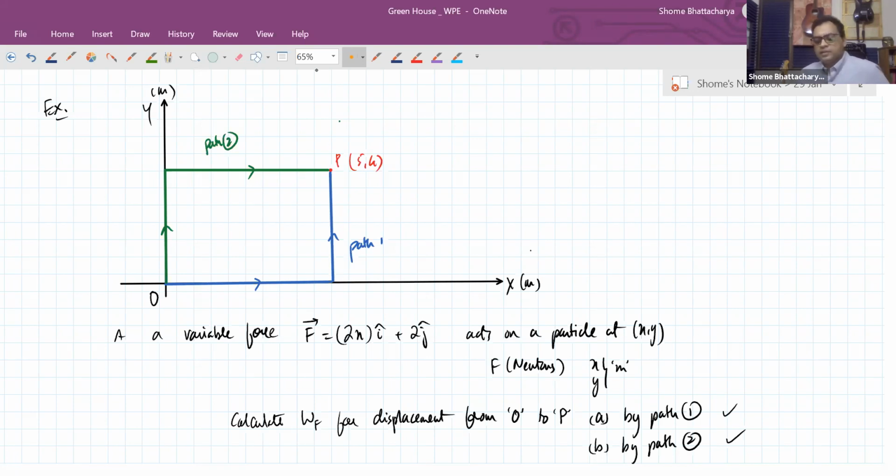So at this moment, just looking at the expression of the force, we cannot guess whether we'll get the same work done in path 1 and path 2 or not, and whether the force is going to be conservative or not.